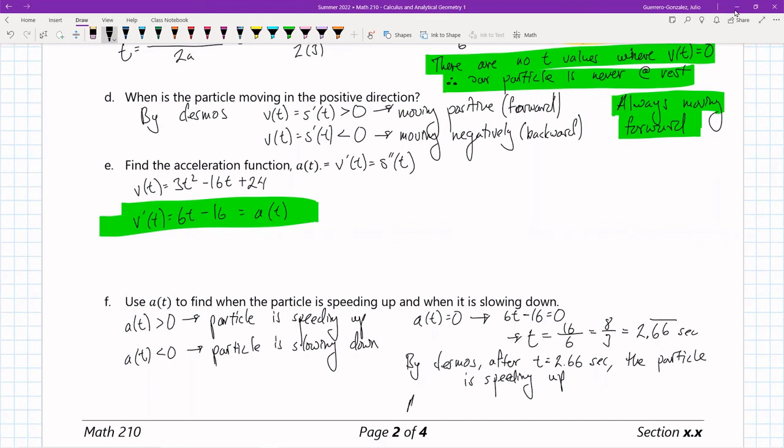And before 2.66 seconds, the particle is slowing down.